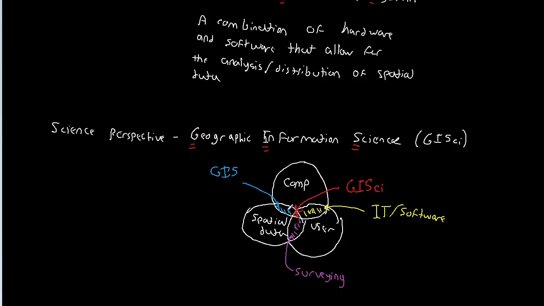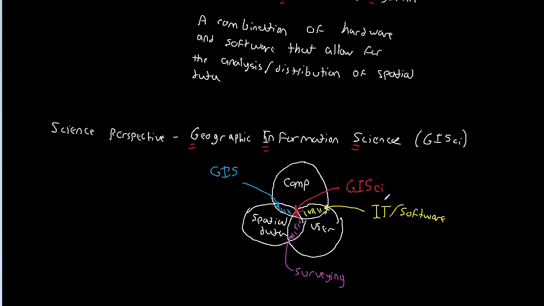Hopefully these two different perspectives make sense. By and large, when I'm talking about GIS, I tend to fall into the science perspective because I feel like there is more to GIS than just understanding how a particular system or hardware works.